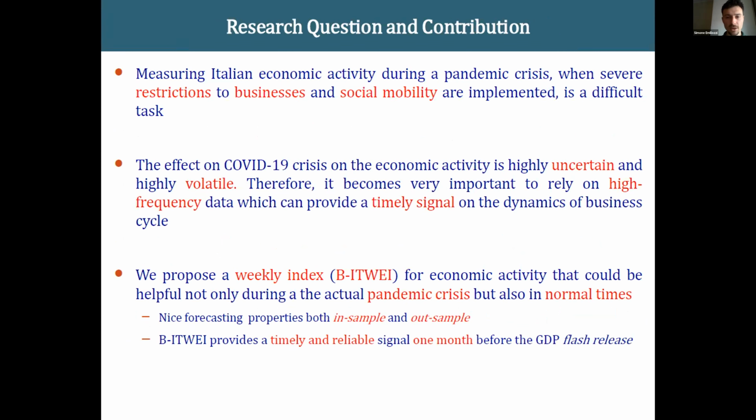Let me be really brief here because I already said most of these things before. Let me compare and contrast what we do with respect to what Lewis, Mertens and Stock did. Basically, compared with their contribution, which is forthcoming in the Journal of Applied Econometrics, we add the Bayesian.